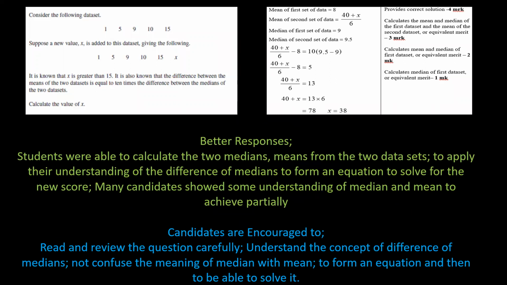Last but not least, I feel like I've blown through this, but this is question 28 of the standard 2 paper, which is a data question. The correct answer is 38, with a median of 9 and a median of 9.5 for the 2 data sets, and forming an equation.